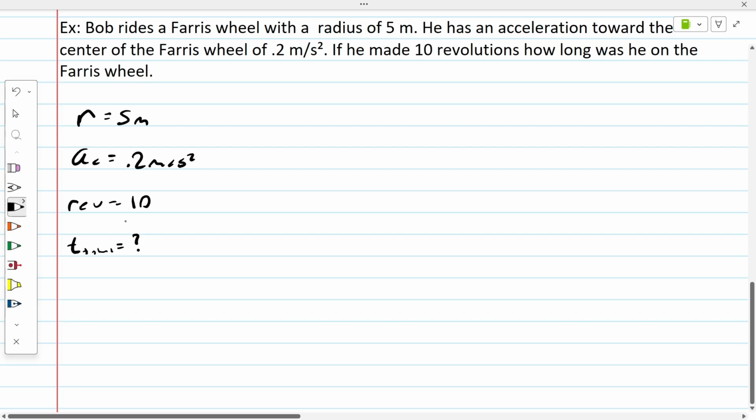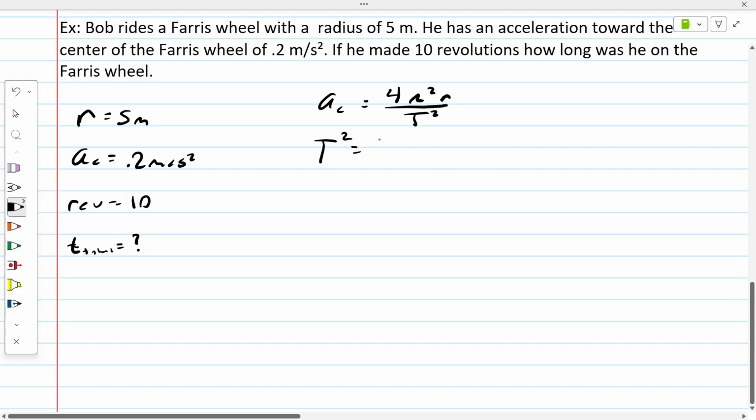That doesn't necessarily mean we need to know the period, but if we know the period, we can use the revolutions to find this total time. So let's use the centripetal acceleration equation with the period in it. If we know the radius and the centripetal acceleration, we can solve for the period, and this should be squared.